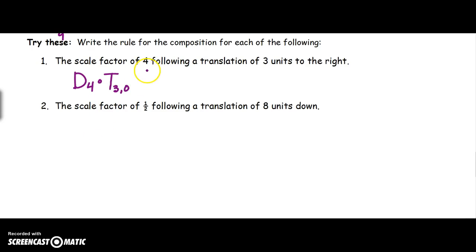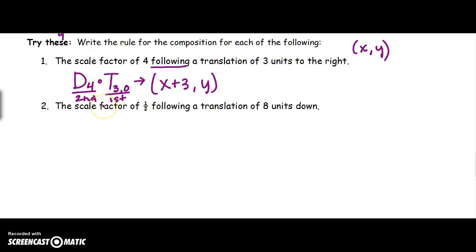Now, what you do first, because it says the scale factor of 4 following a translation of 3 units to the right, means you have to take this translation and apply that first to that ordered pair x, y. If we were to do just the translation, forget about the dilation, think back to the first day, we would have said x plus 3, y plus 0. Knowing that we've now translated our image 3 units to the right, you now have to dilate it.